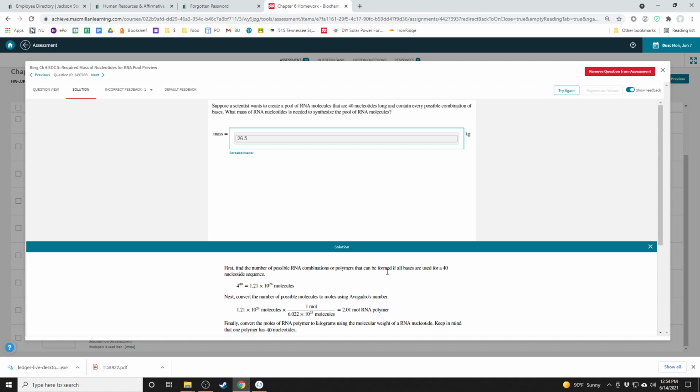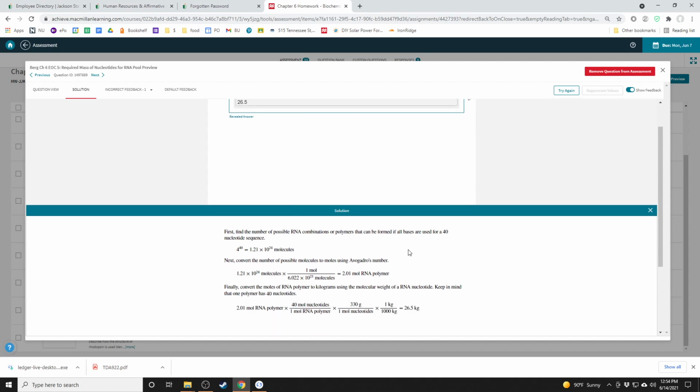The next thing you're going to do, to get into mass, is you're going to need the molar mass. So we get the molar mass of a polymer, and that's going to be of one RNA molecule, and that would be 330 grams for 1 mole of a nucleotide.